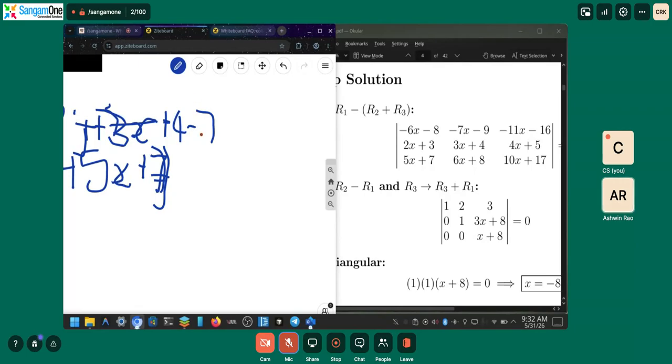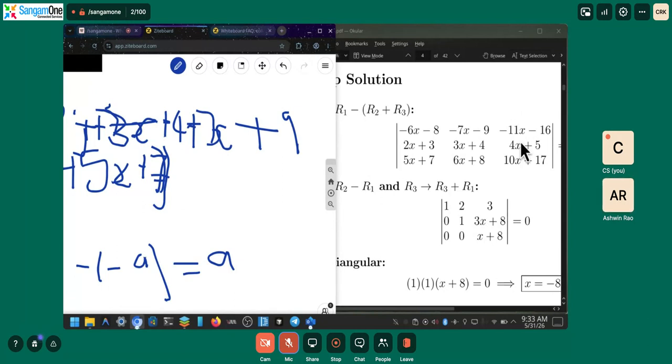Minus is plus. The analogy is minus of minus a is plus a. Plus 7x plus 9. That way we have to consider all these elements.